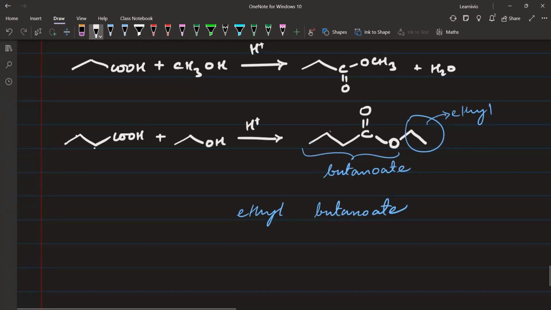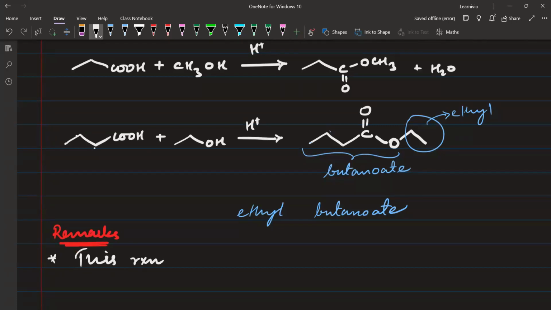Write a few remarks regarding this reaction. The first remark: this reaction is also known as esterification. Why esterification? Because we are getting ester.